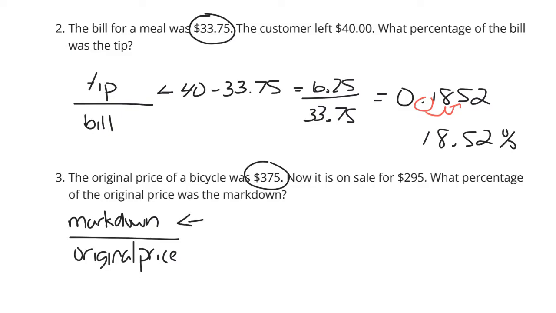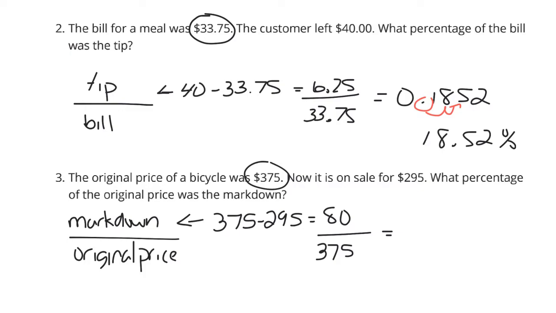When we take $375 and subtract the $295, we end up with $80. So that's the markdown.